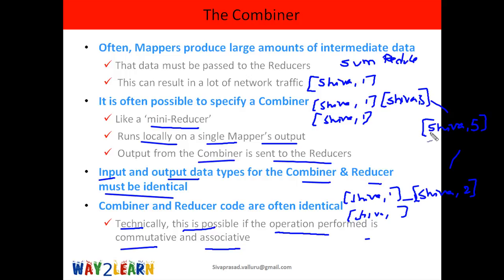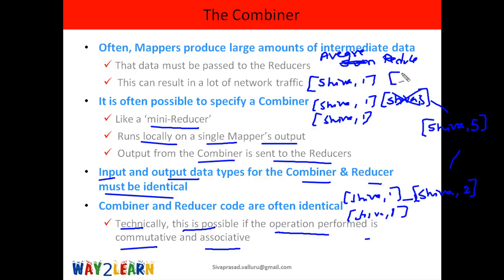But let's say I am calculating an average in a reducer. So what happens if it is not a sum? What will be the output of this average?